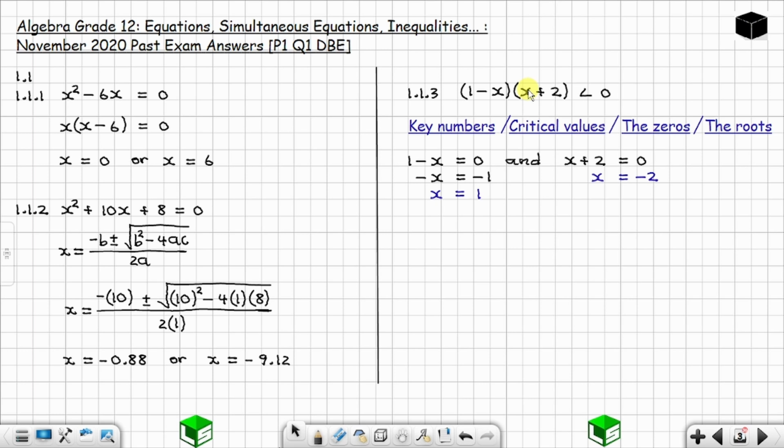So the highest degree is 2. So you have to know that the key numbers are the x values that make the inequality equal to 0. So these are the x values that make this inequality equal to 0. So we call them key numbers or critical values or the zeros or the roots.